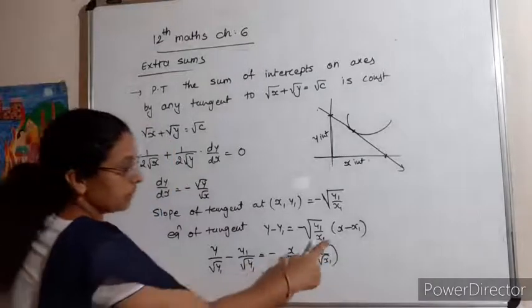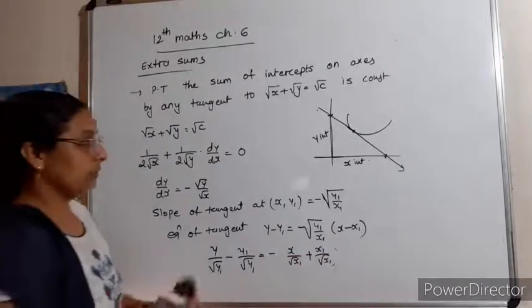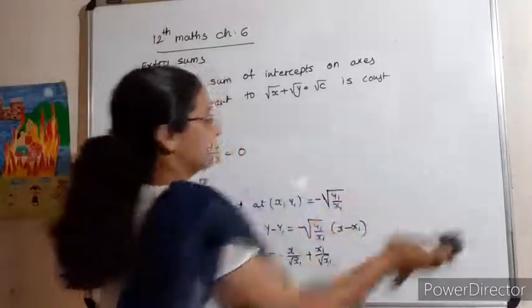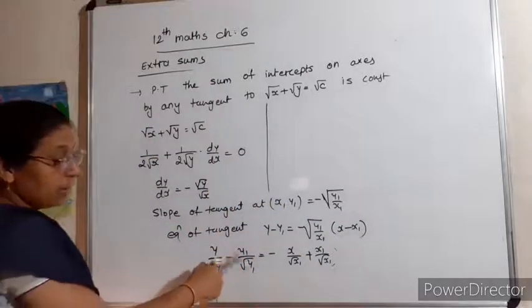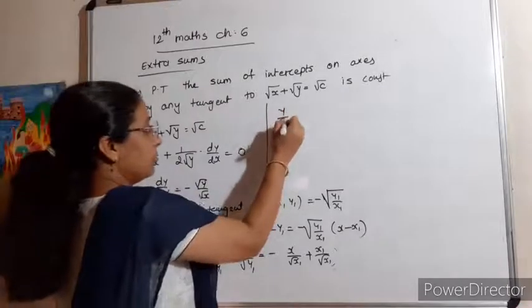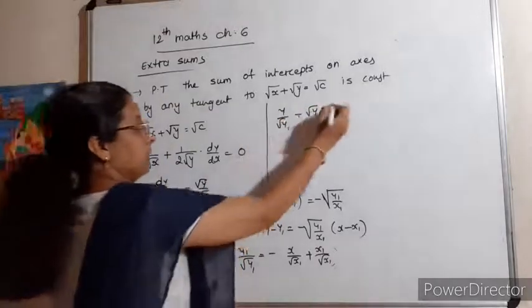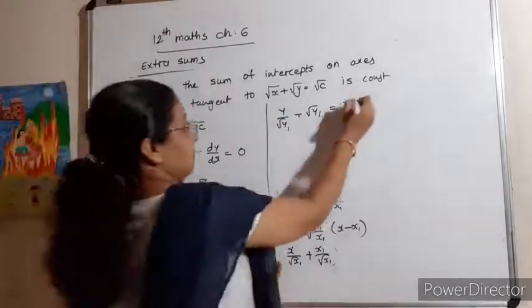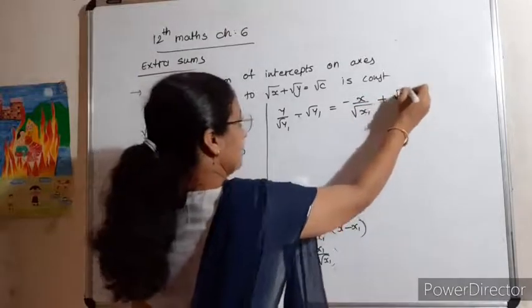If you open the bracket, minus minus becomes plus. Root y1 upon root y1 is root y1, so y by root y1 plus root y1 is equal to minus x upon root x1 plus root x1.